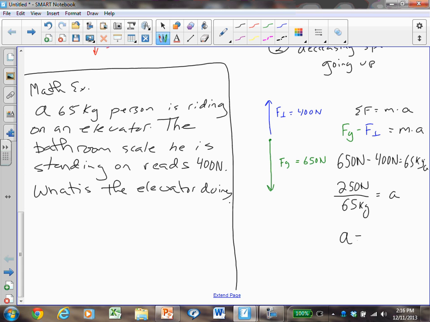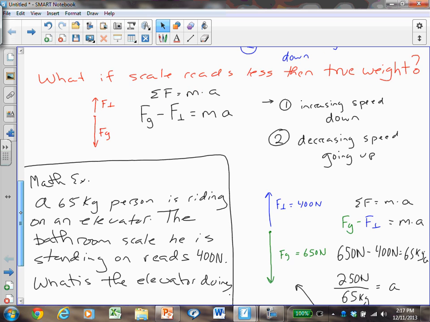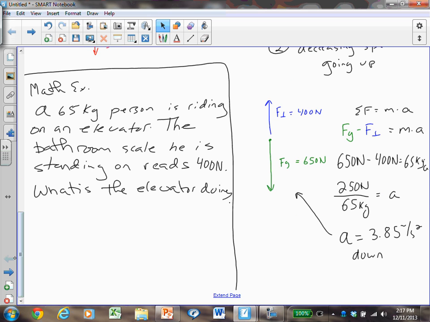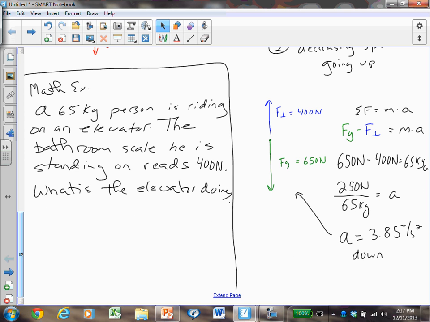So a would be 250 divided by 65, which is 3.85 meters per second squared. And this is down because I can tell from my larger winner was Fg and the loser was F perpendicular. Now the fact that it's down means that he could be increasing his speed going down or decreasing the speed going up.